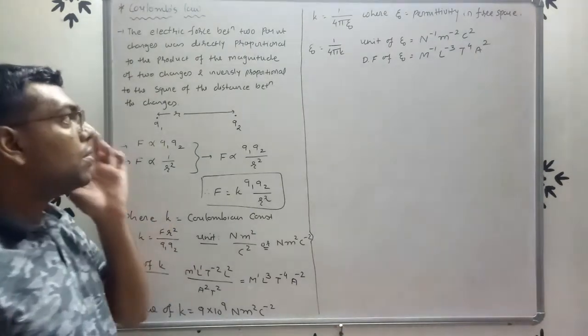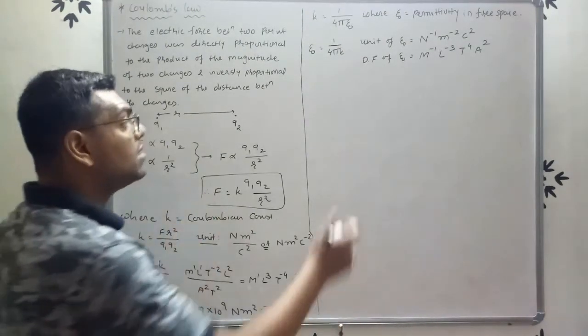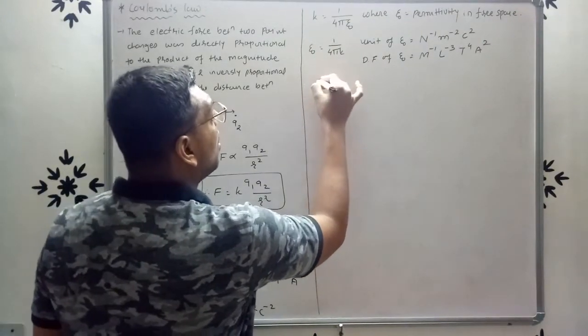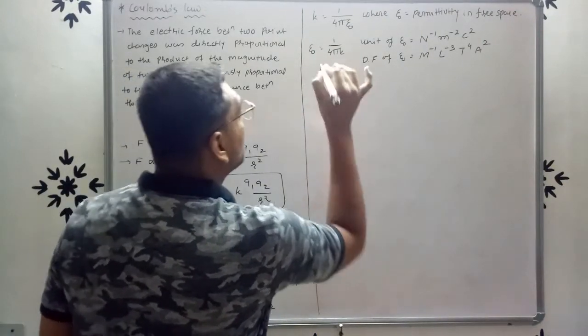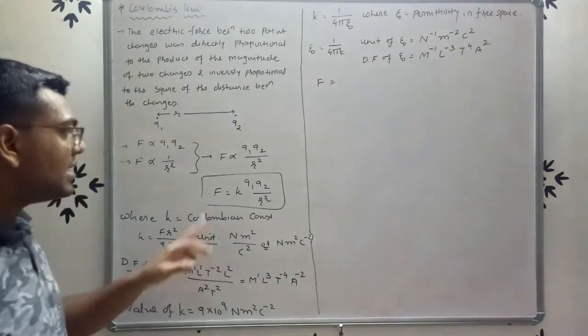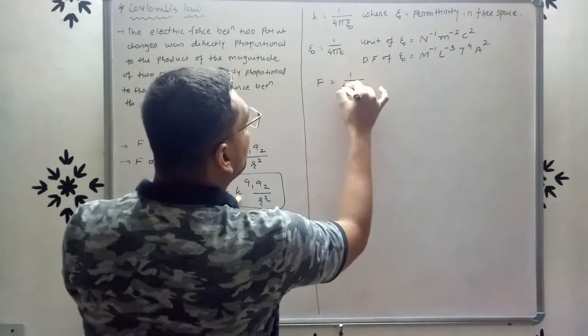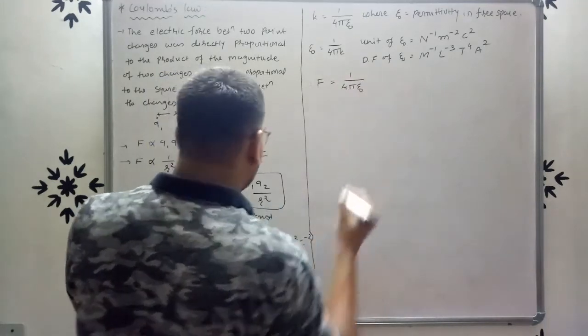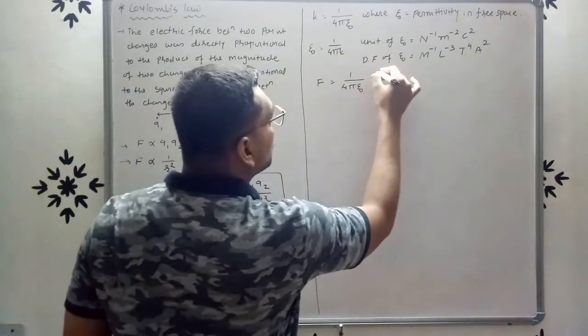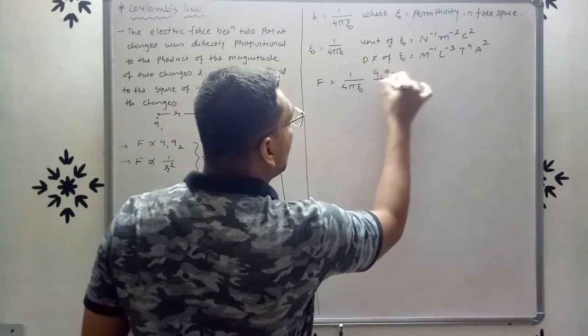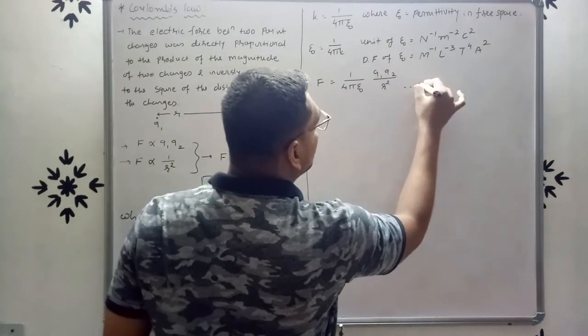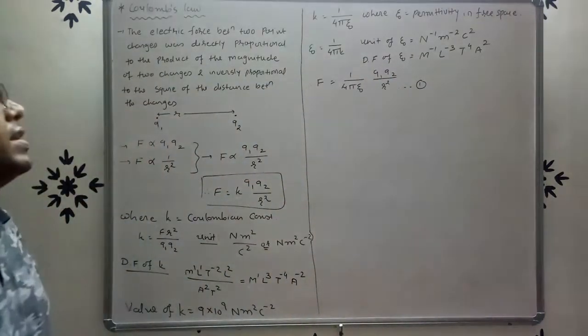We can also write the equation of electric force between two point charges as F is equal to 1 by 4 pi epsilon 0 Q1 Q2 upon r square. This is equation number 1.